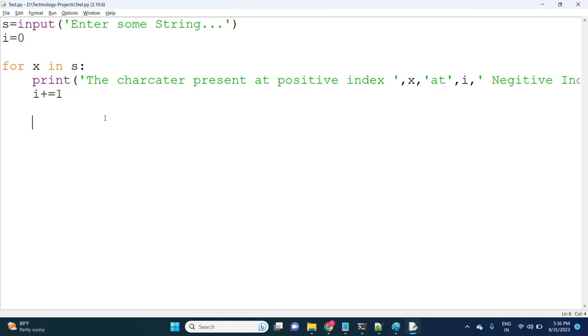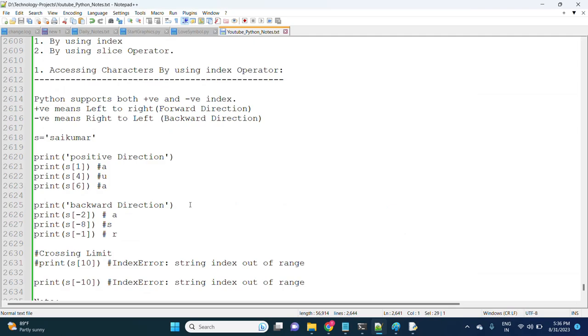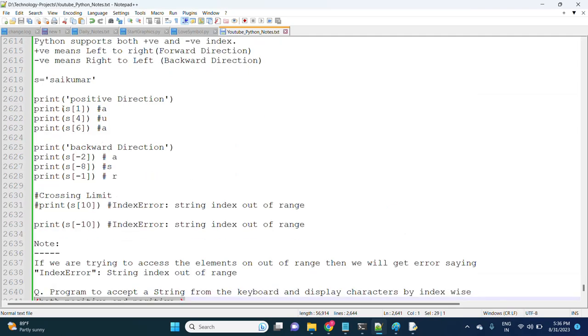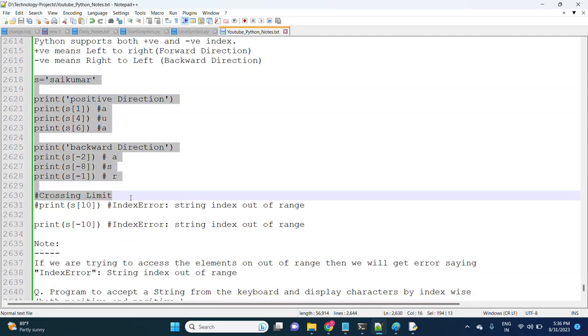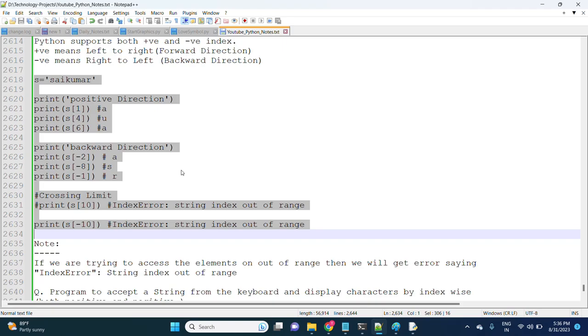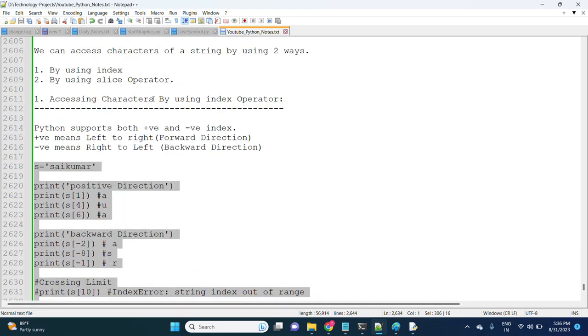Clear, right? If you have any questions, please post your query in the comment section. In the previous program, in the previous section, I displayed how the characters are accessed, how we can access the characters by using the index operator.